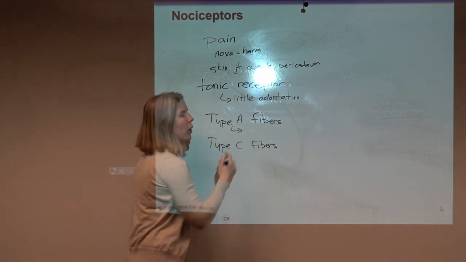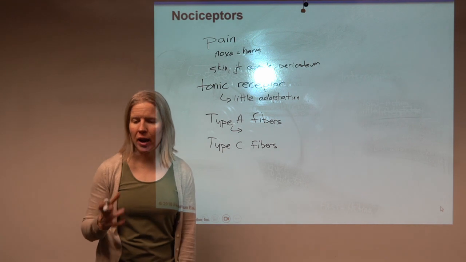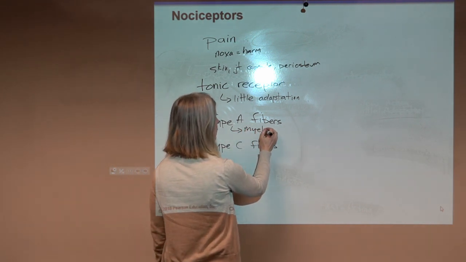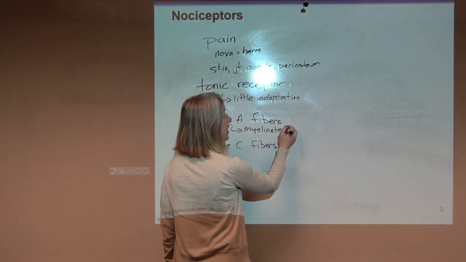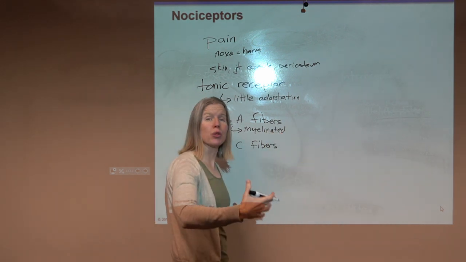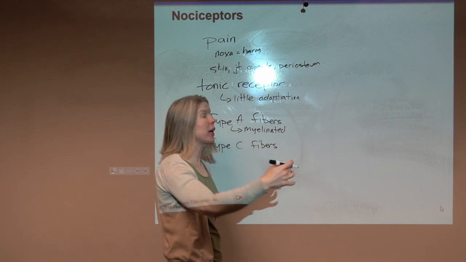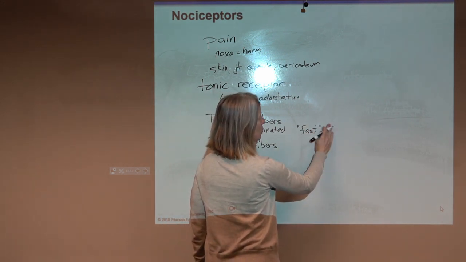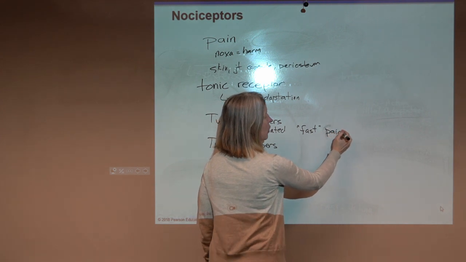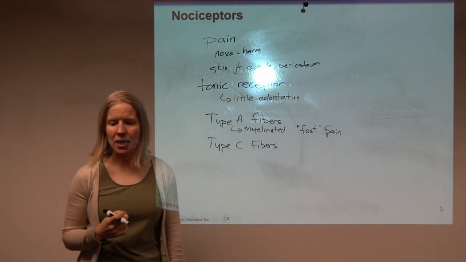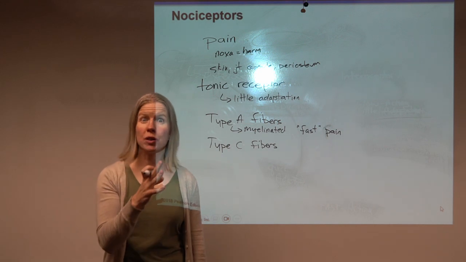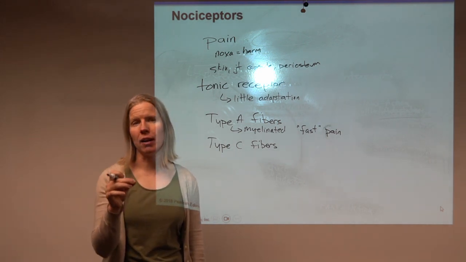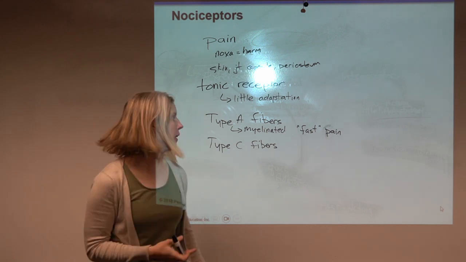One of the big differences here, type A fibers are myelinated. And then, as you might expect, they're able to conduct that action potential more quickly. And so sometimes we call this fast pain. And more than just that it goes to the brain quickly, we're often able to much more pinpoint the area where that pain is emanating from.